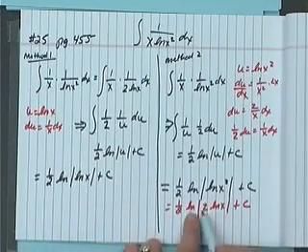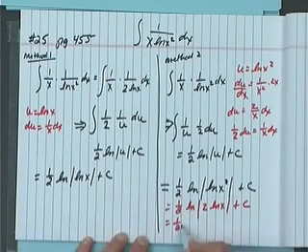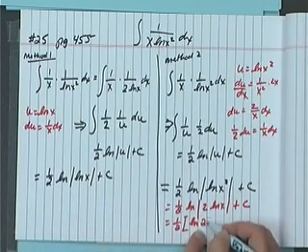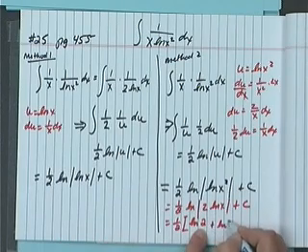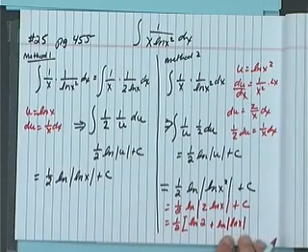And your properties of logarithms say that when you have a product 2 times log x, it will be 1/2 times the log of 2. I don't need to use absolute values with 2 because it's a positive number anyway, plus the log of the natural absolute value of natural log x plus c.